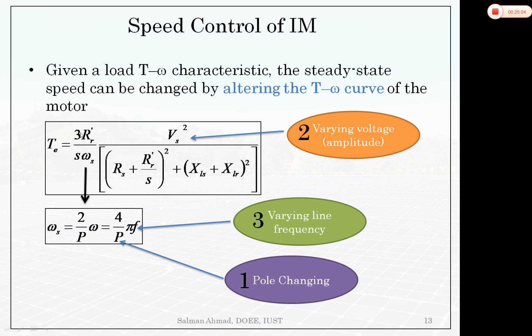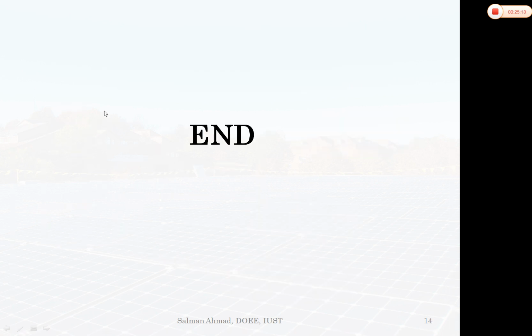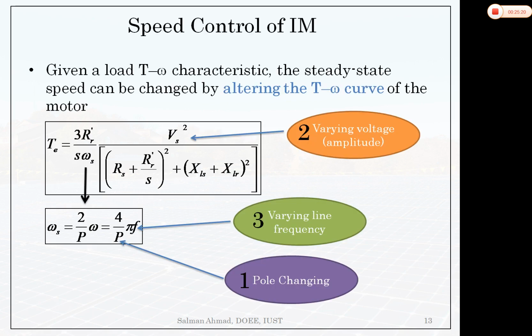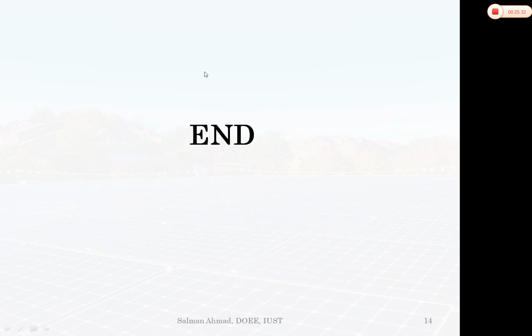Also, if we have wound rotor motors, we can connect external resistance in the rotor circuit so that we can control the rotor resistance. But in a squirrel cage motor, this is not possible. Based on these methods, in the next class I will discuss the torque omega characteristics of the induction motor by varying these parameters. Okay, thank you.